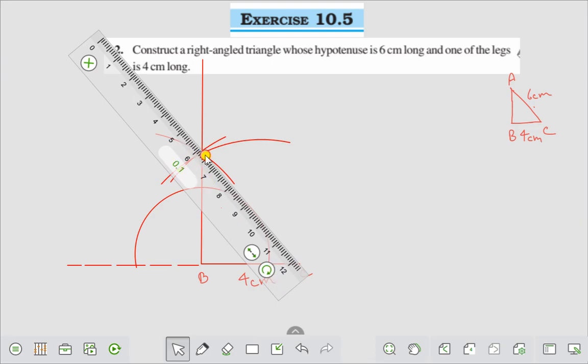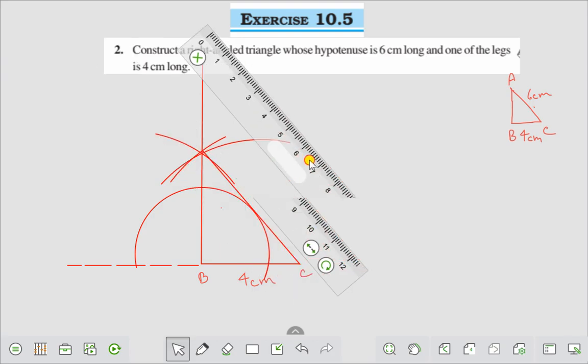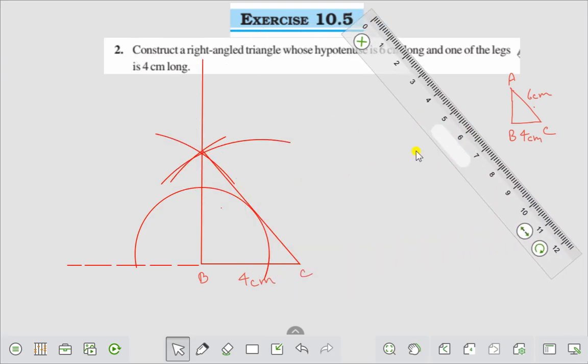Yes, now join this point. This is exactly 6 centimeter, right? Now if we write the name here, this point is A. Angle B is 90 degrees and AC is 6 centimeter.